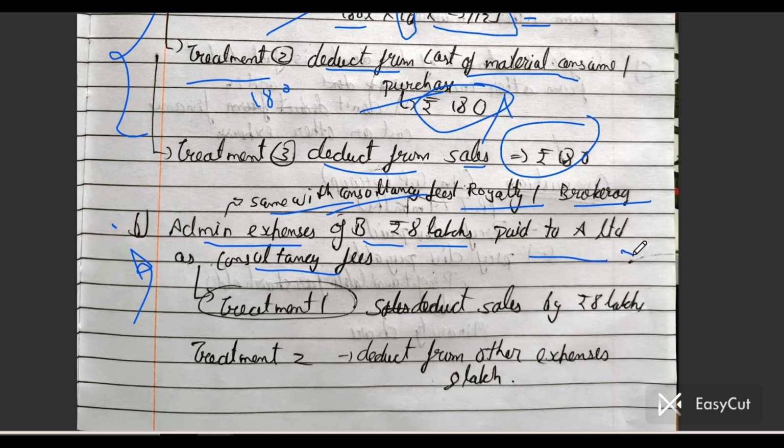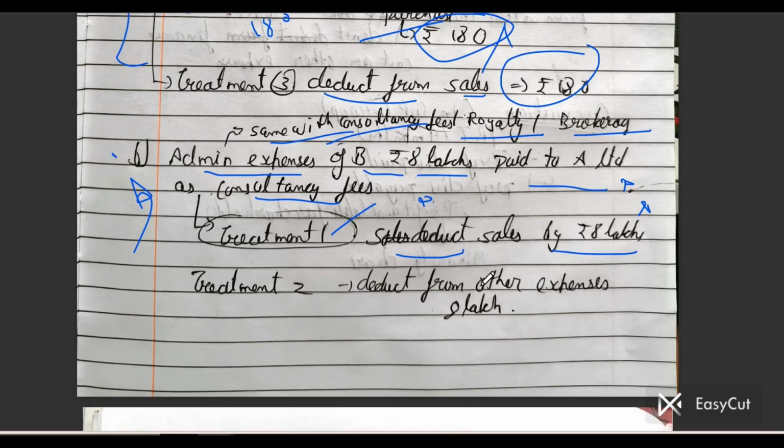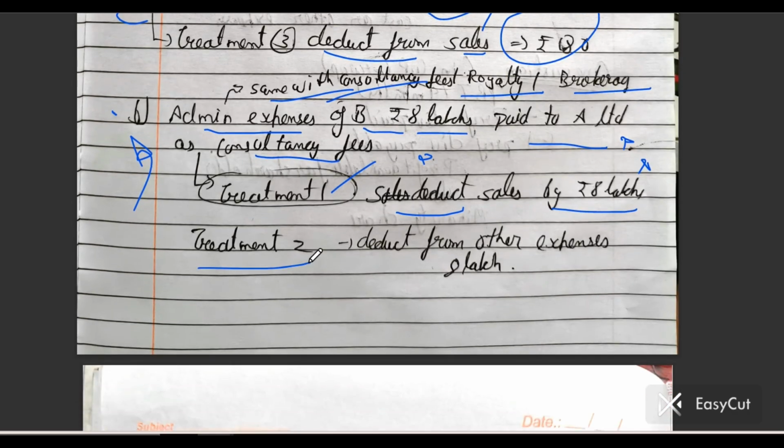So for A Limited it is other income, and for B it is an administrative expense, that is under the expenses. So in the first treatment, you have to deduct 8 lakh from the sales of A Limited, because A Limited gives consultancy. And treatment 2, you have to deduct 8 lakh from other expenses.